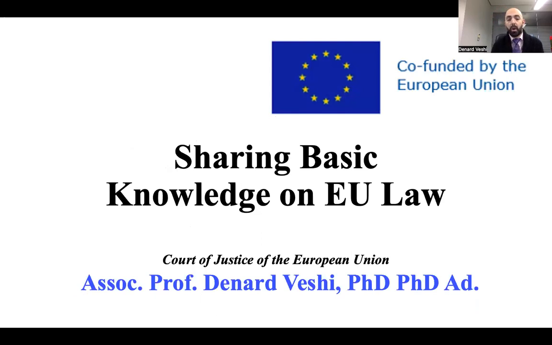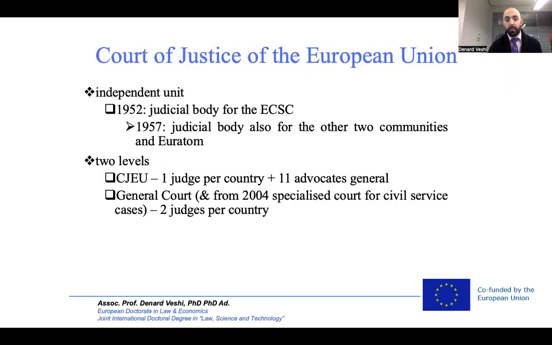Continuing on with the Court of Justice of the European Union, it is an independent institution. It started its work in 1952, and it continued also with the Treaty of Rome of 1957. It is in 2 levels. The first level is the Court of Justice of the European Union, which has 1 judge per country plus 11 advocates general.